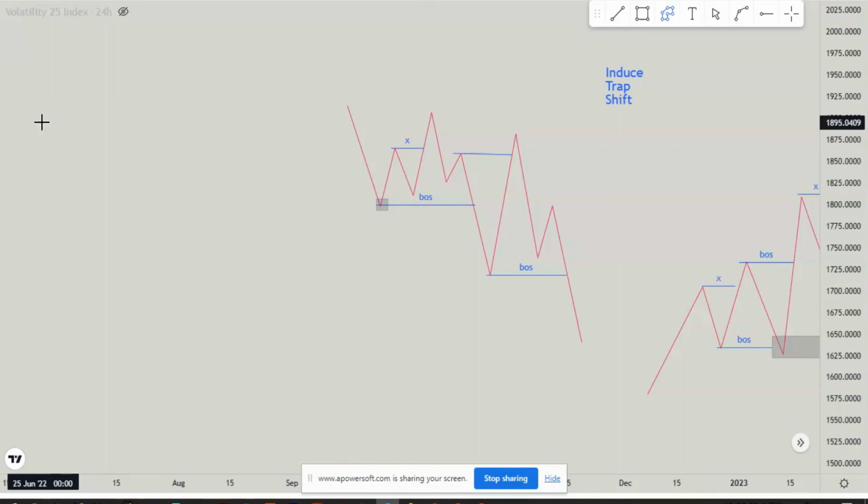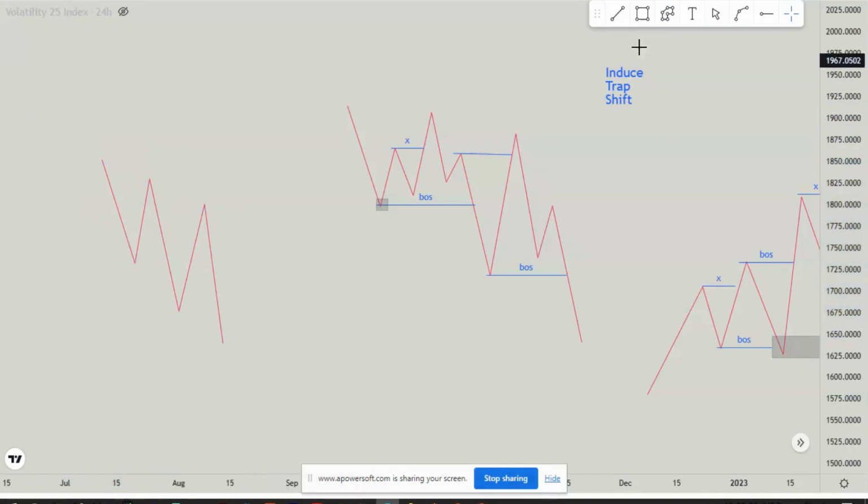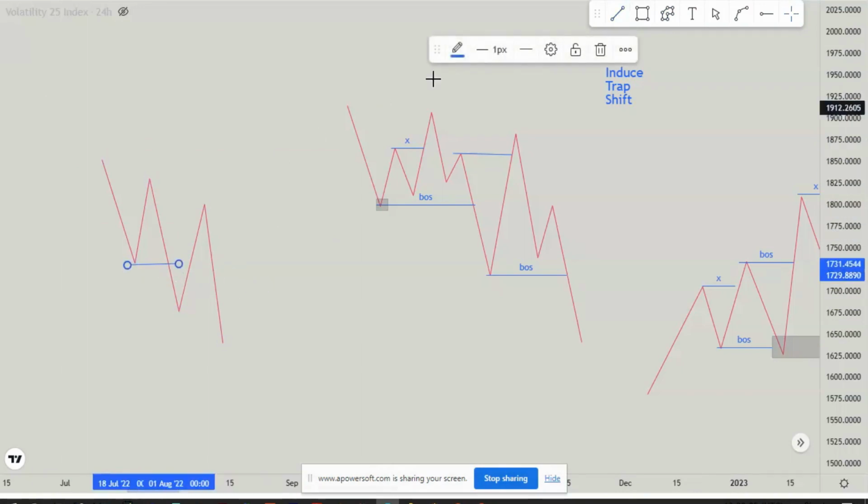What is the basic movement of a bearish market? We make a low and we have a high. We have a lower low and we have a lower high, like that. You get? So generally, as we have these points, we can say that the market is bearish. And we confirm that by the breaks of structure.